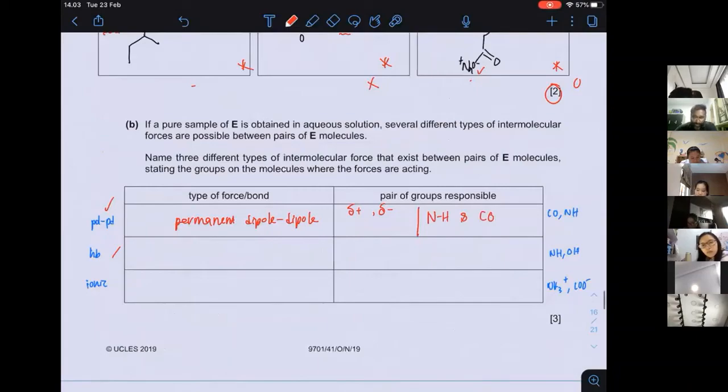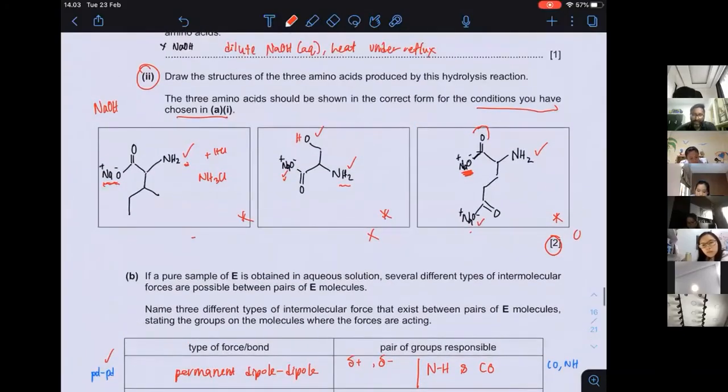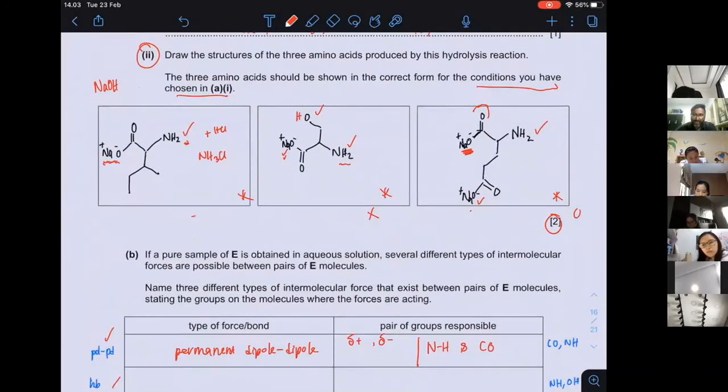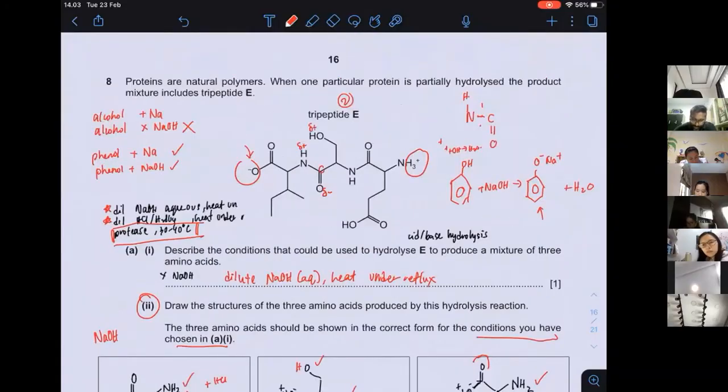Hydrogen bonding: you need to look for anything that has the partial positive of H. Then it must be something with a partial negative, but it must involve O, N, and F. I have oxygen there, and nitrogen is also there, so you can choose which one you want.